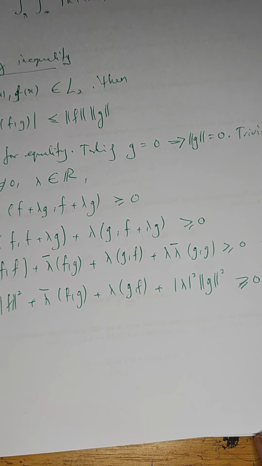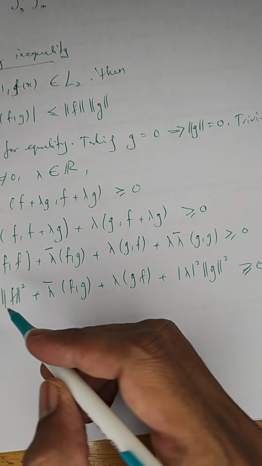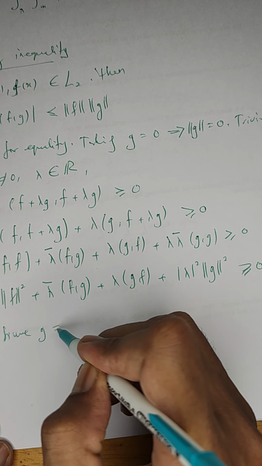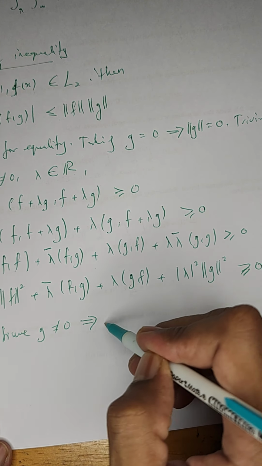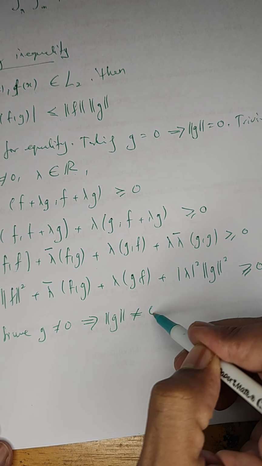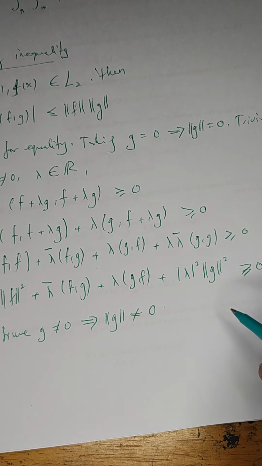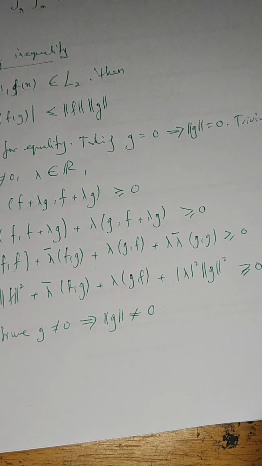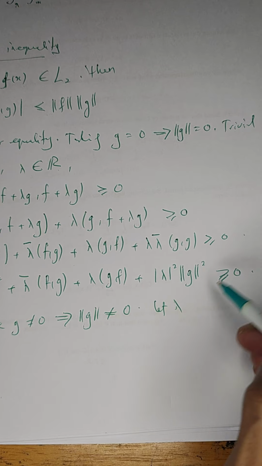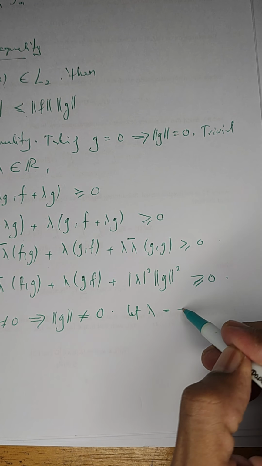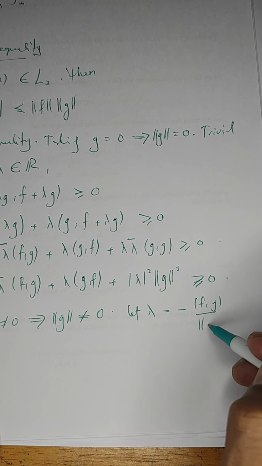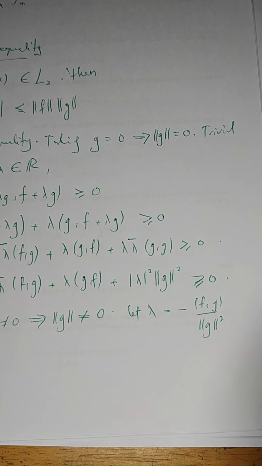And since g is different than 0, then the norm of g is also different than 0. So if that is the case, we let lambda be equal to negative of fg over the norm of g squared.